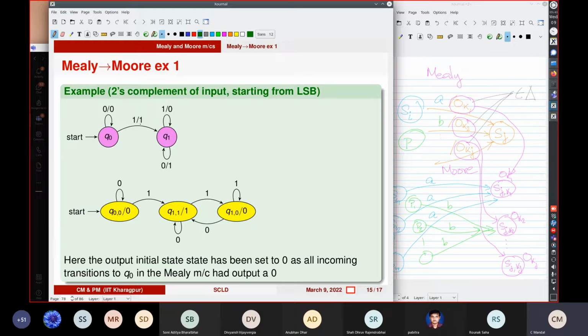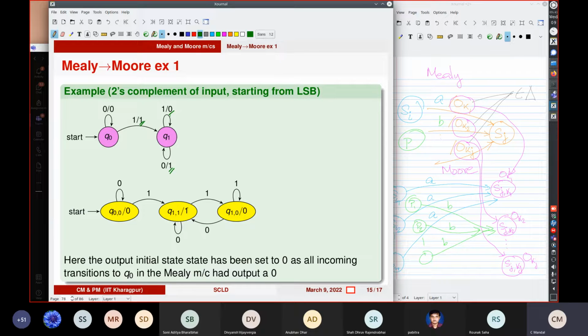But more important is that in the state Q1, you could have an input transition with output 1, and you could also have an input transition with output 0.